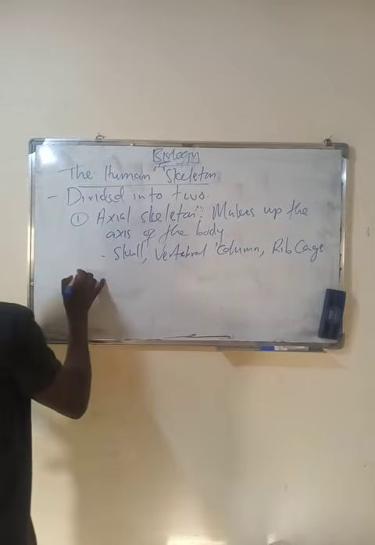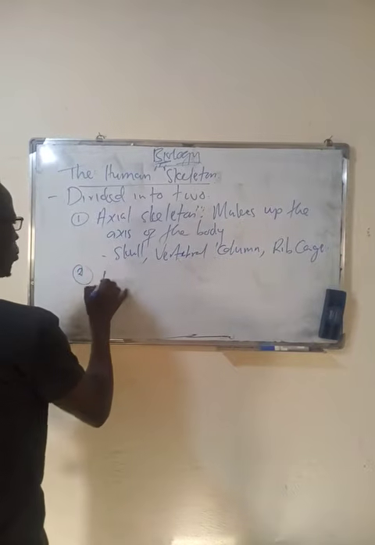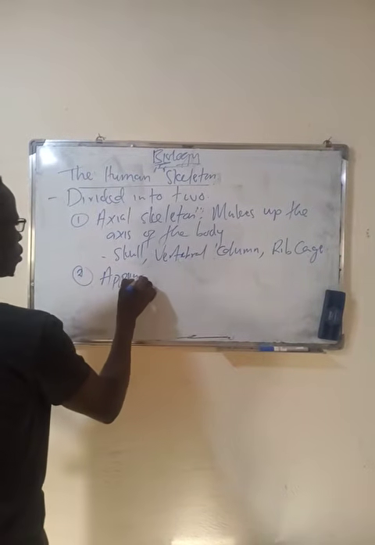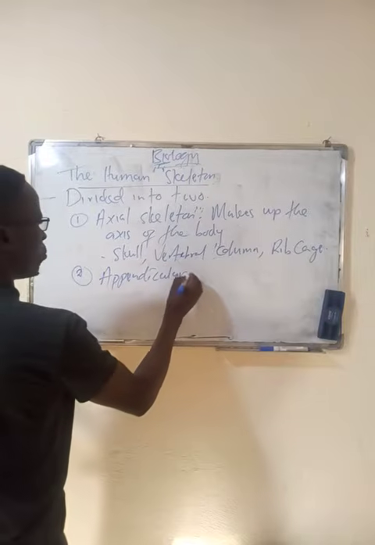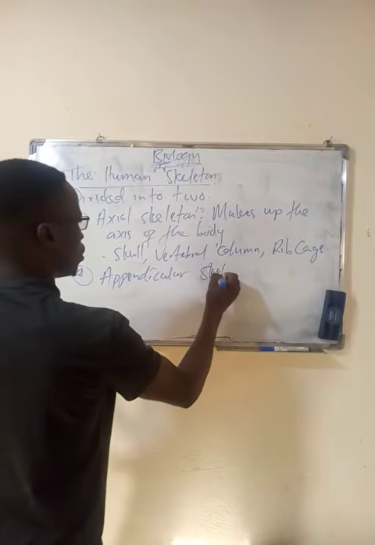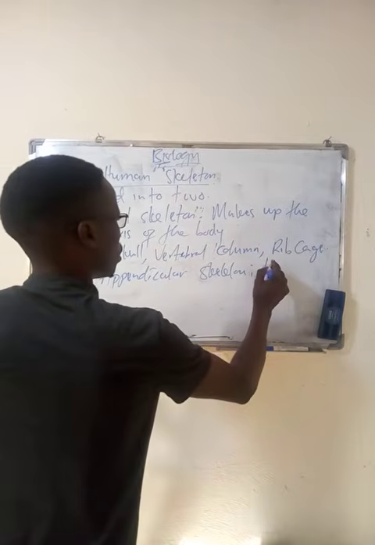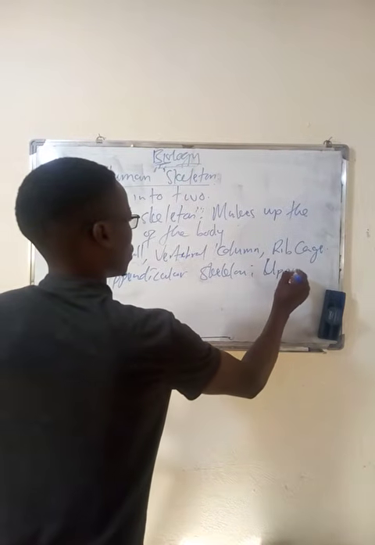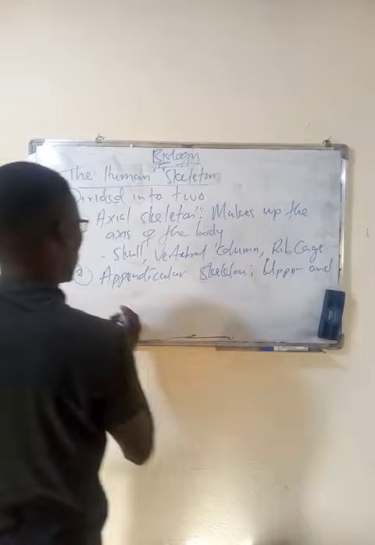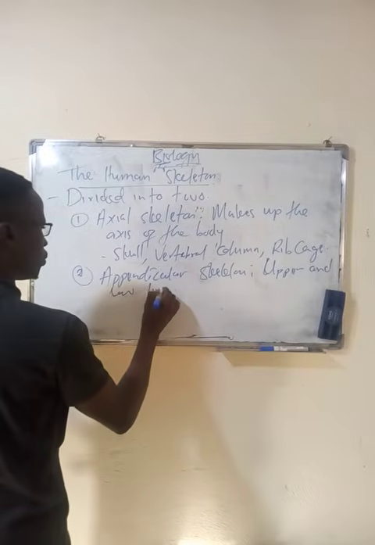Then number two, we have the appendicular skeleton. That is the upper and lower limbs.